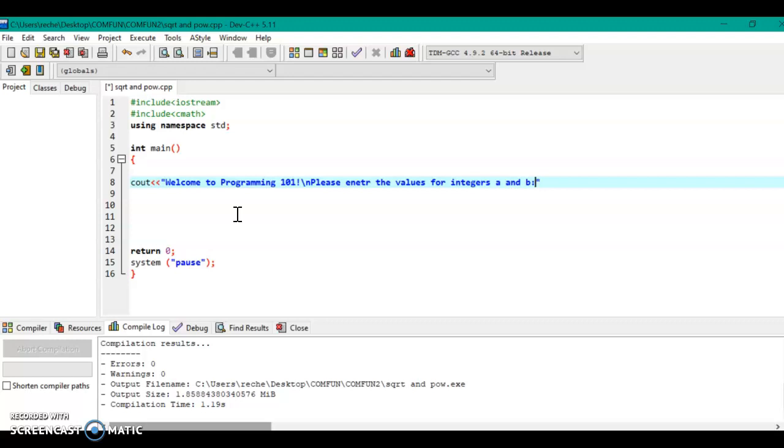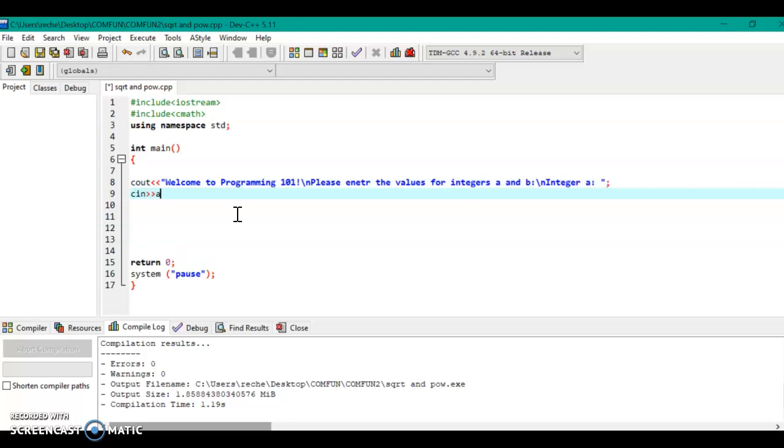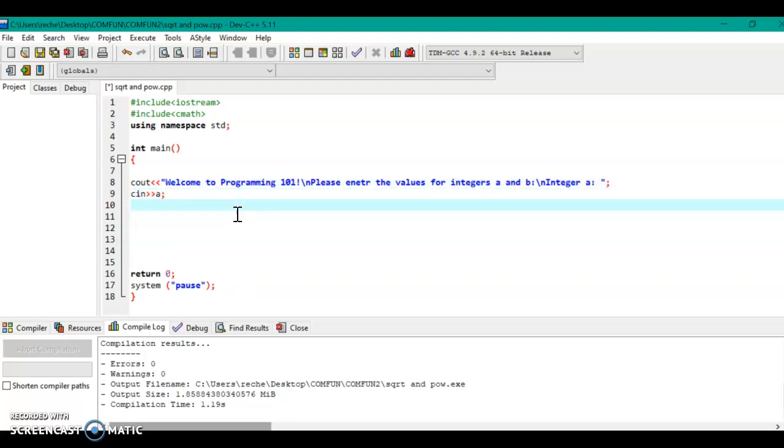And maybe ask integer a, right? And of course, you will have to have a variable for the first integer.